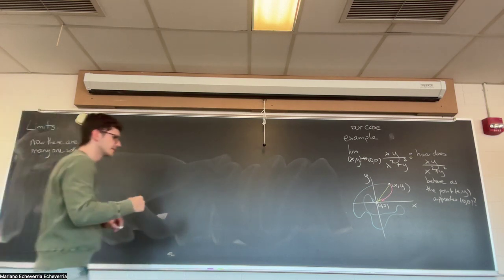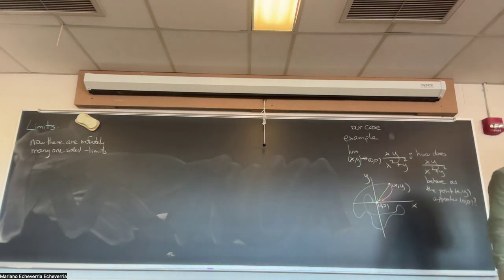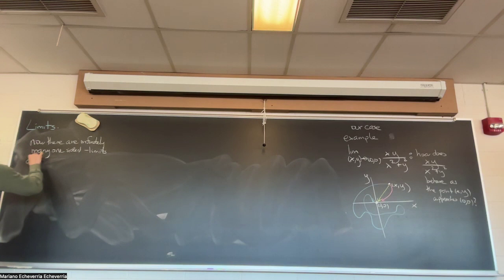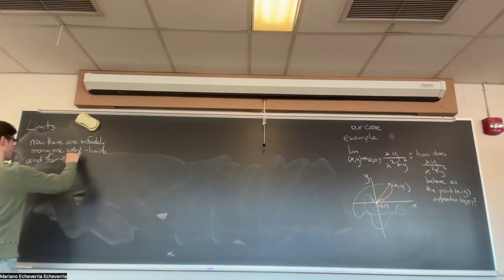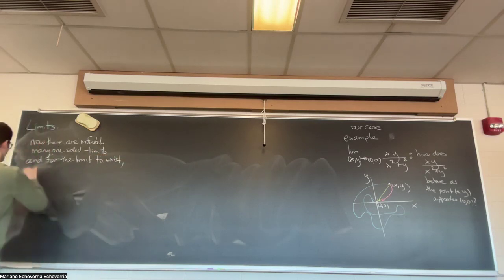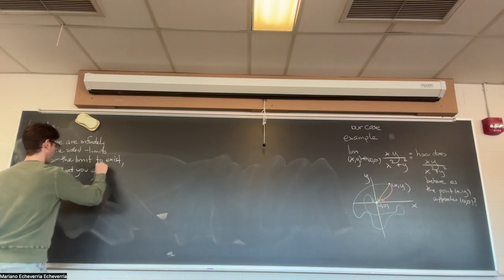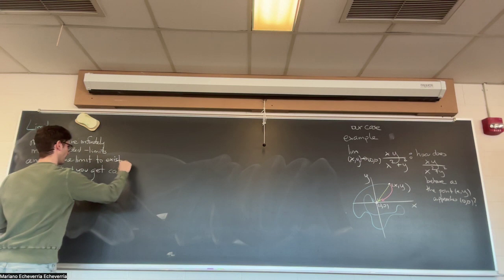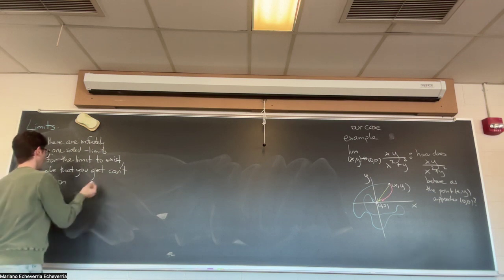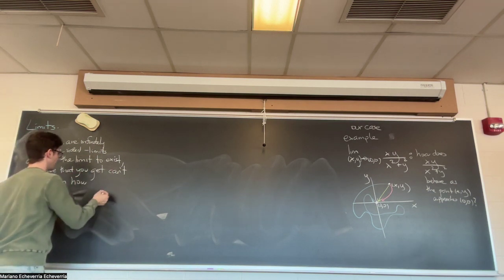And for the limit to exist, the limit that you get must not depend on the particular way you took to reach the origin. So for the limit to exist, the value that you get cannot depend on how you reach that point.